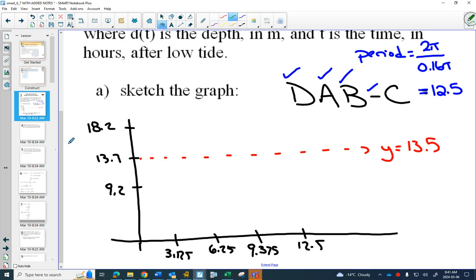This graph is going to start at a minimum because it's a negative cos graph. Then minimum, next sticky mark center line, next sticky mark maximum, then center line, then minimum, and we are able to sketch the graph.